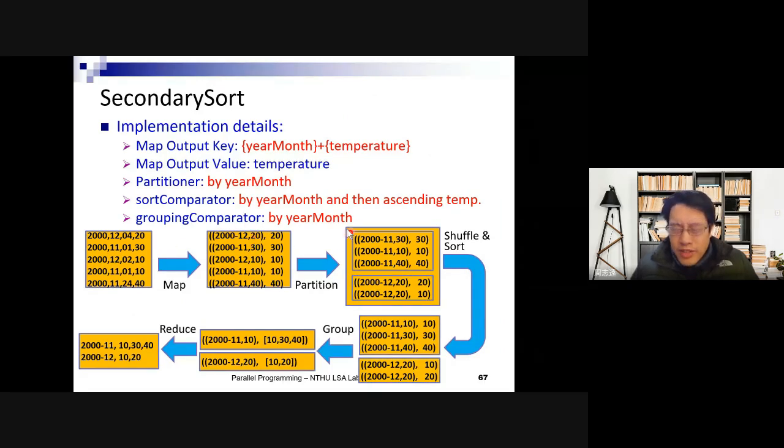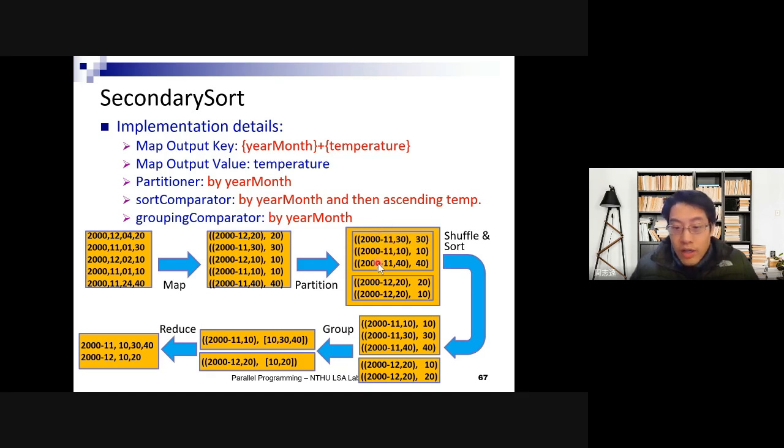And because of the behavior defined by the MapReduce framework, we have to override the partition function so that it only looks at the first part of the key to do the partition. That way we ensure that no matter what the temperature is, as long as they are from the same month, they will be sent to the same reducer.